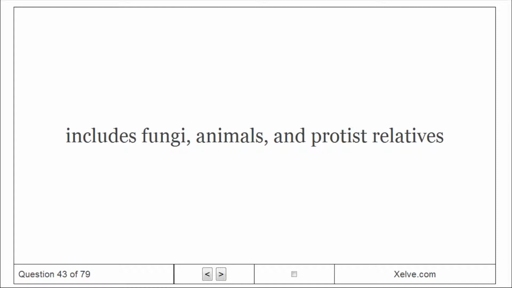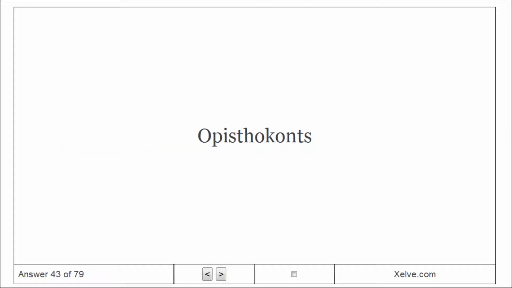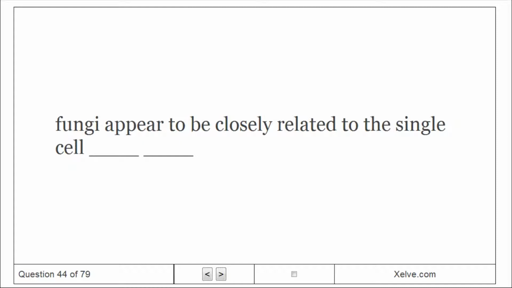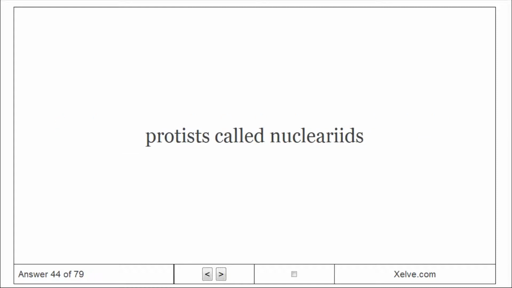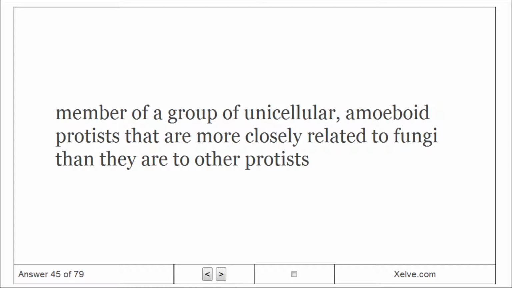Opisthokonts includes fungi, animals, and protist relatives. Fungi appear to be closely related to the single-cell protists called nucleariids: a member of a group of unicellular, amoeboid protists that are more closely related to fungi than they are to other protists.